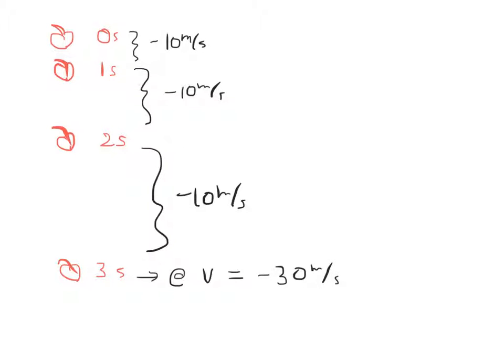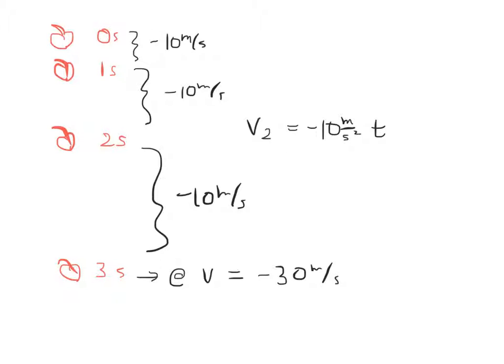So here's the pattern. To figure out the velocity that it's falling at, I'm going to call this v2 because it's the velocity at the end of some time interval. All I have to do is take the acceleration due to gravity, negative 10 meters per second squared, and multiply it by time.